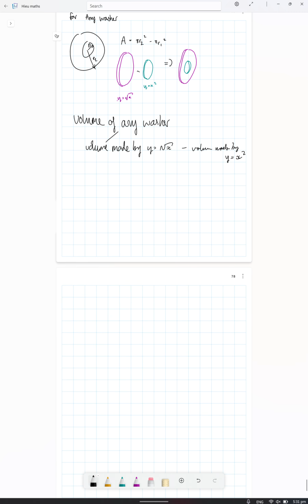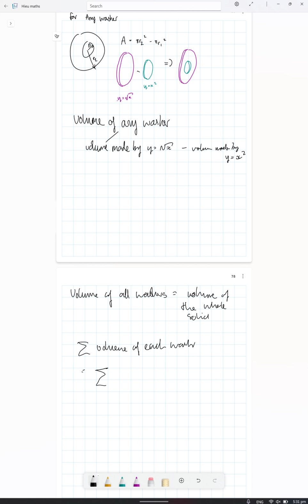So let's do that then. If we think of the volume total of washers, which is equal to the volume of the whole solid, the volume of the whole solid is just the summation of the volume of each washer.